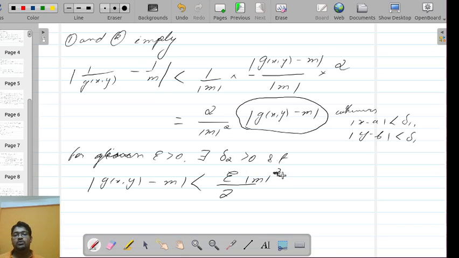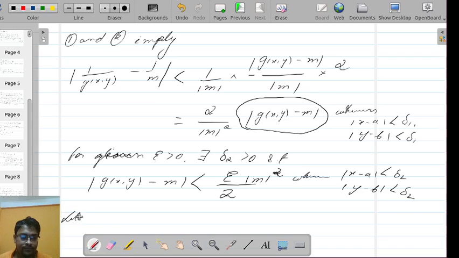I can make this quantity strictly less than epsilon by 2 mod m square. Okay, so if I do that, this holds whenever mod of x minus a is less than delta 2 and mod of y minus b is less than delta 2. Okay, so let delta equal to minimum of delta 1 and delta 2.